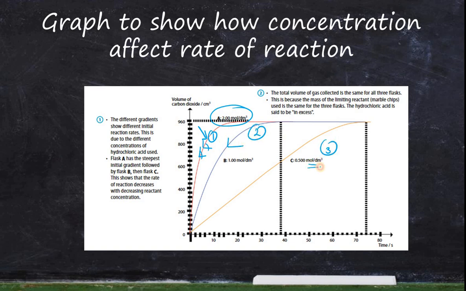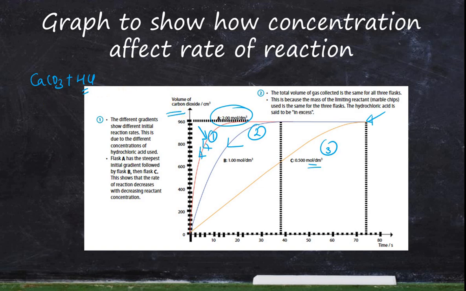In graph 3 we used the lower concentration of HCl. However, the final amount is not changed. Why? Because we didn't change the other reactant, the limestone. We are just modifying the HCl, so the final product gives the same result, the same CO2 is produced, because you didn't change the other parameter.